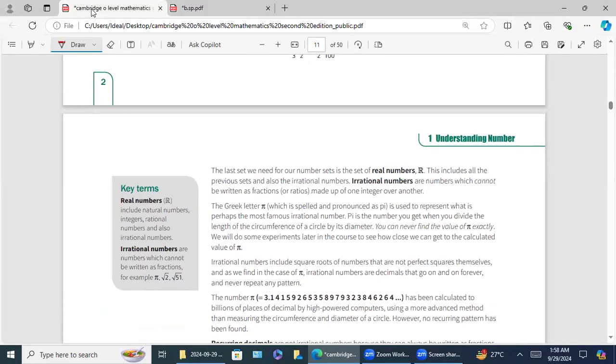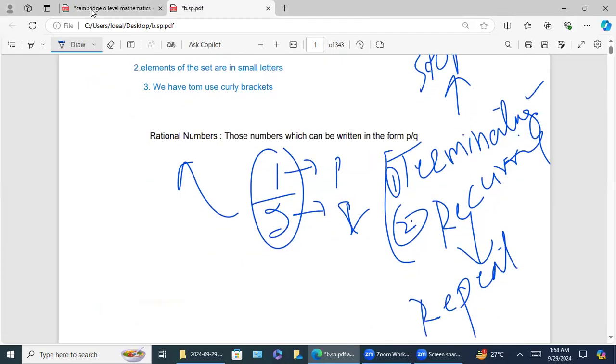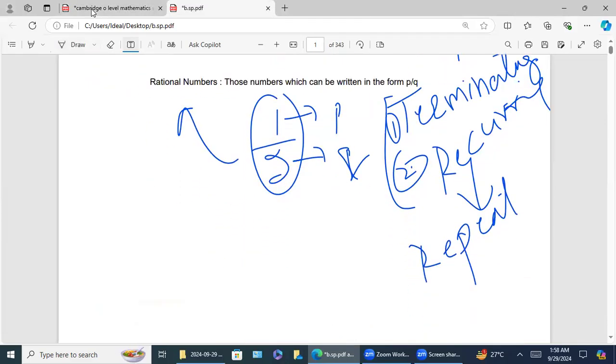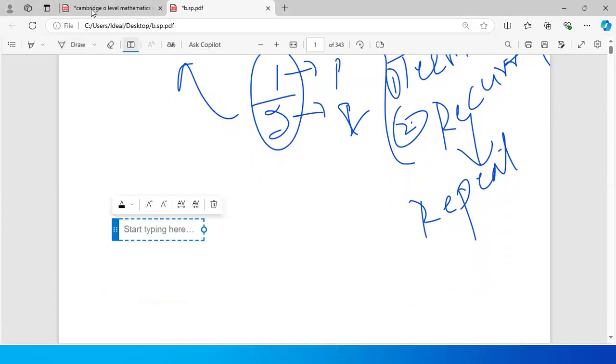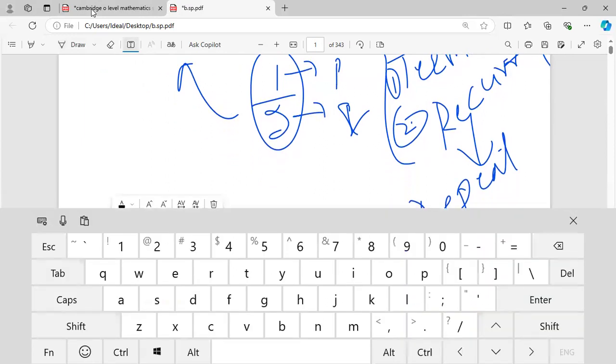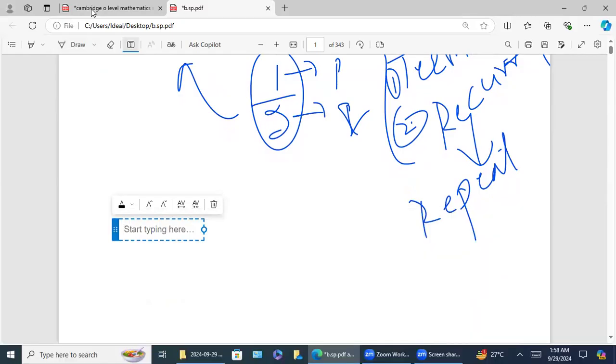After that, real numbers. So we have to explain the real number, what a real number is, and what the definition of a real number is. My motto is to define the number first of all, then explain real numbers.